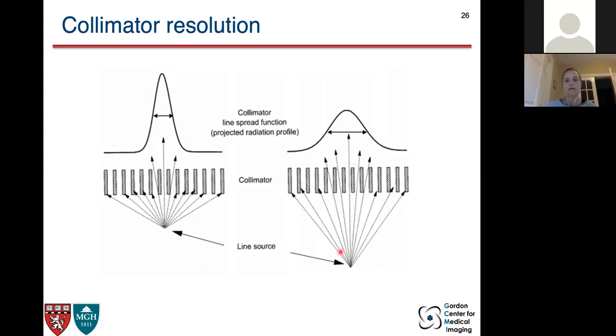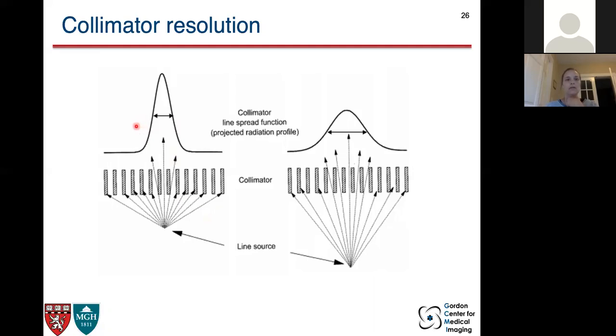So we see here that if we have our source far from the collimator, just the solid angle will result in gammas being allowed to come through more collimator holes, which will lead to a broader line spread function, as opposed to if you have the source close to the collimator, where all of these gammas will be cut off due to the angle, and we will get a narrower line spread function.